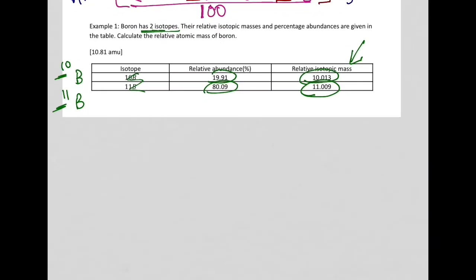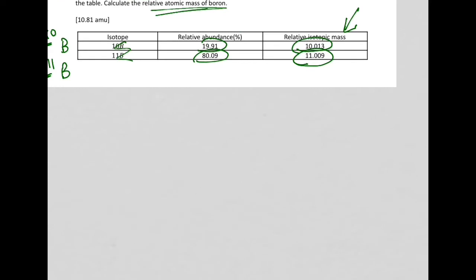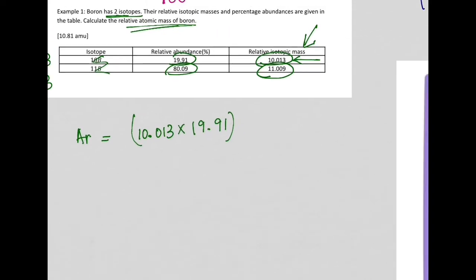Now calculate the relative atomic mass of boron. So relative atomic mass, AR, would be equal to the isotopic mass times the abundance. This is for one isotope, and you're going to add for the other isotopes as well.